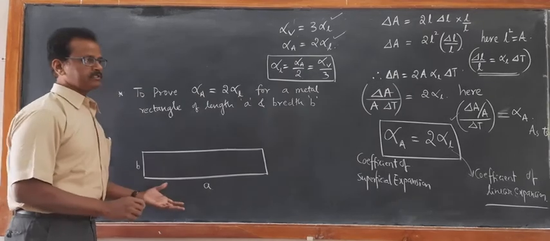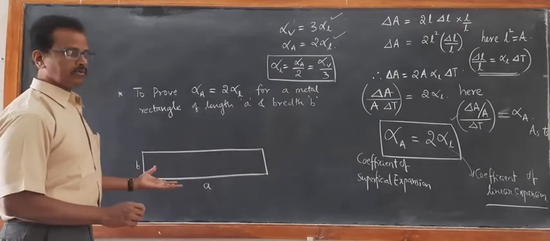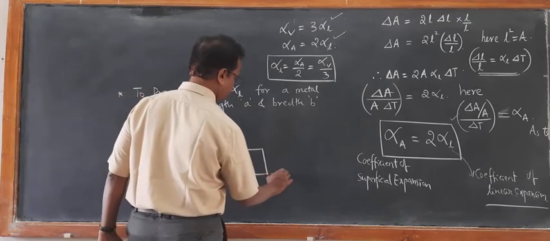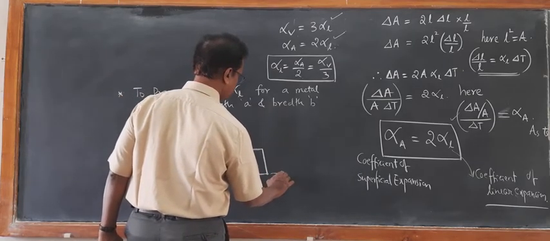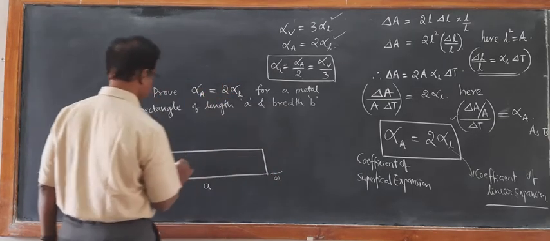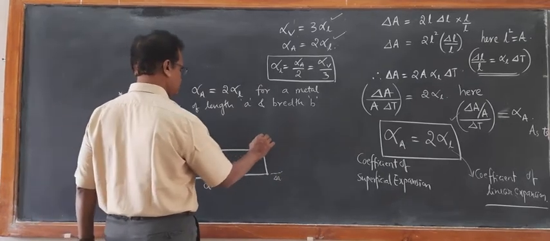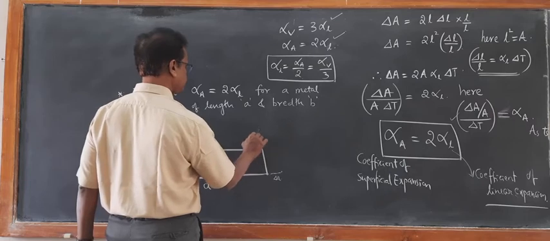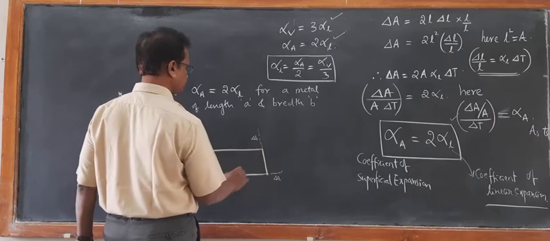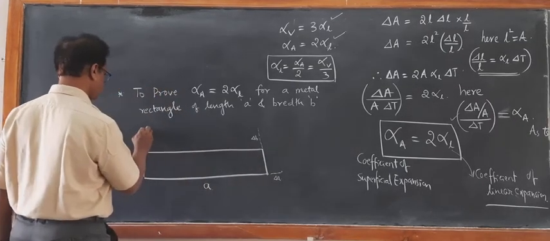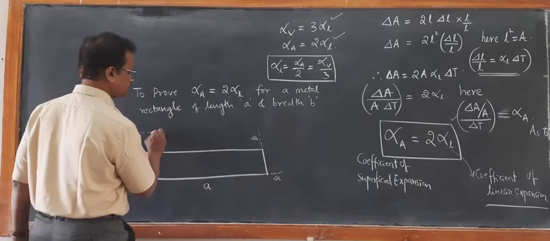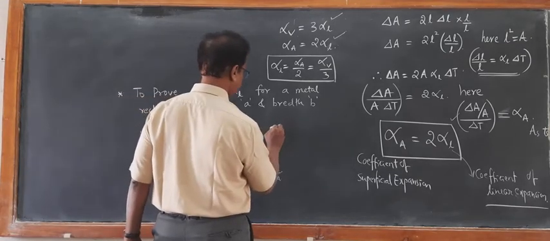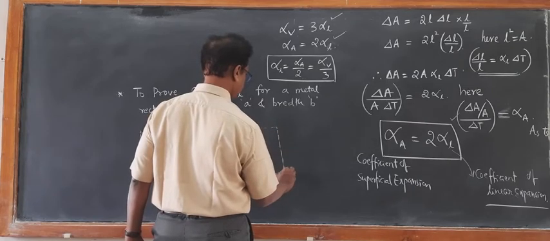So that when the temperature changes from T to delta T, the length changes from A to delta A. Right? At the same time, the breadth changes from B to delta B. So if you draw this diagram, you will get the changing area. Changing area is going to be in this way.